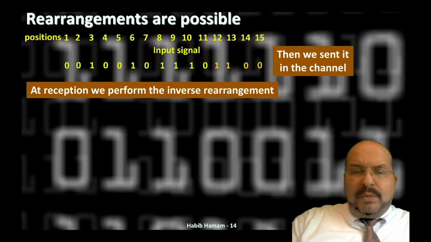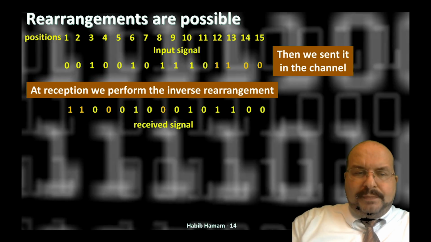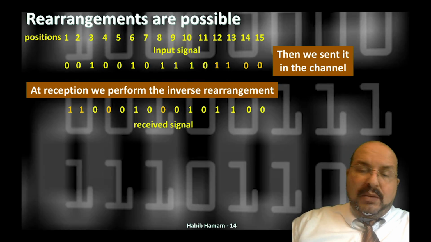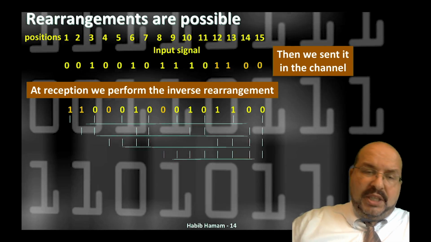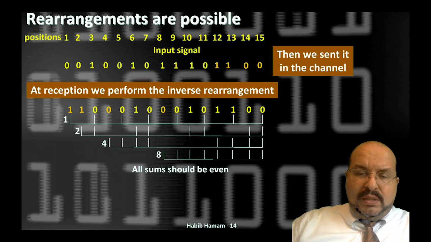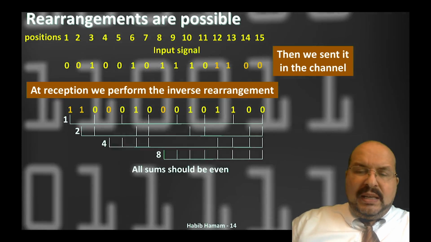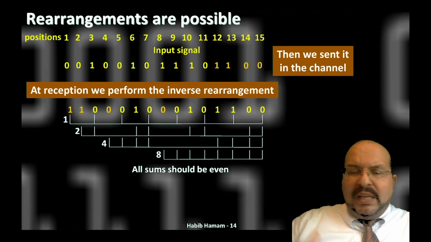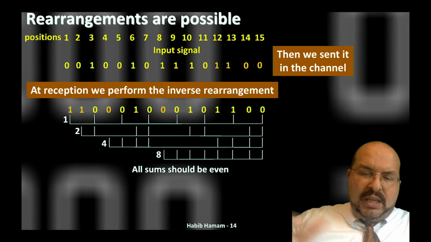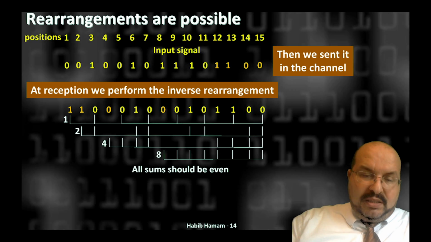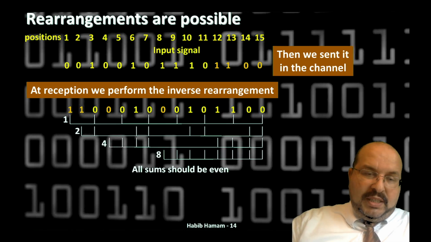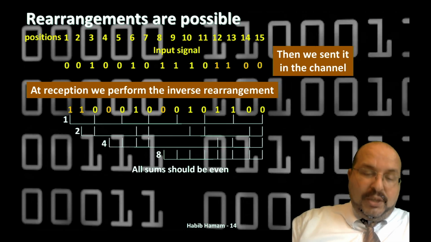At reception, we perform the inverse rearrangement, so we obtain again this arrangement, and then we apply the Hamming scheme as usual. So the fact that we send in one way or the other is not a problem. The main thing is that the receiver should be consistent with the transmitter. In the next chapter, we'll see the situation of two errors.